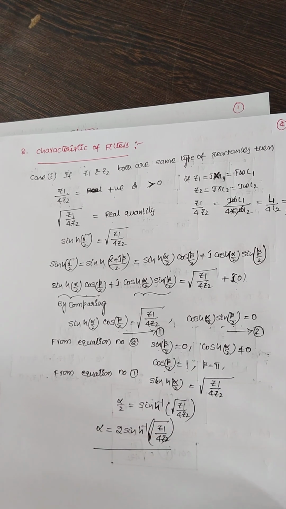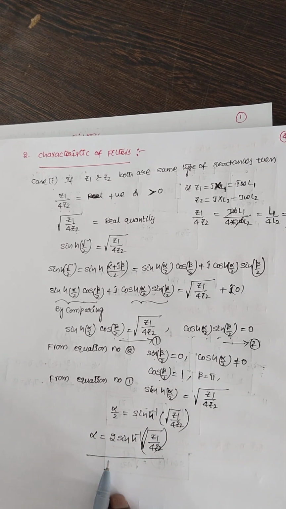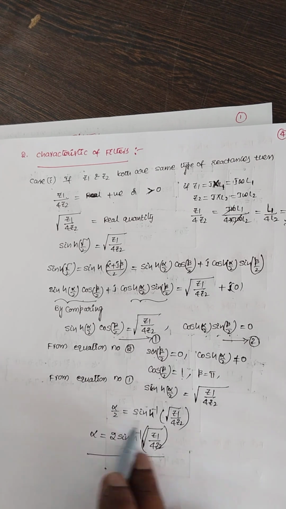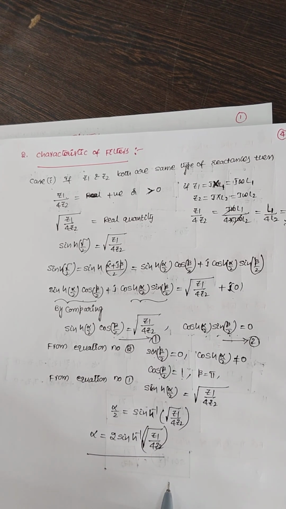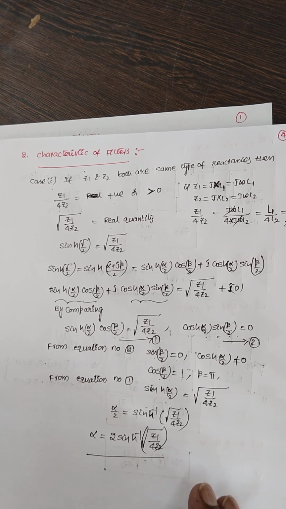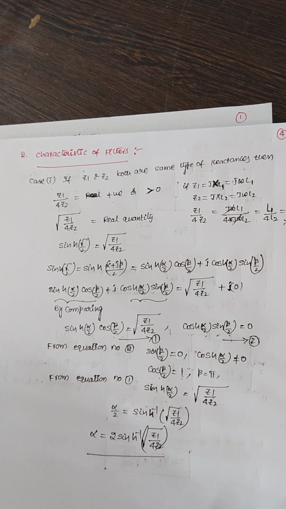In this case number 1, we will get only the expression for this attenuation. That means the signal strength will be reduced, which is not desirable for us. So for a certain range of frequencies we need to reduce the strength of the signals, that is a band stop or stop band. For other range of frequencies, this attenuation constant alpha should be 0.